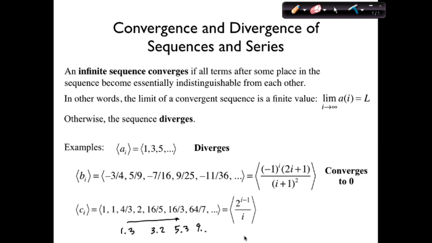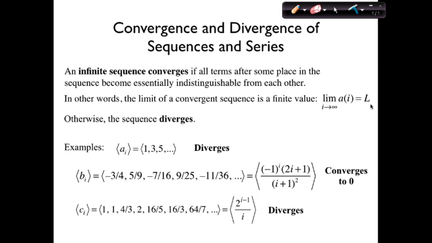Diverging, right? 2 to the I is going to get a lot bigger than I. And as 2 to the I gets much, much bigger than I, this whole fraction blows up, right? Diverges. So as you march down the list, do the terms get closer and closer to each other, so close that there's a limiting value L?